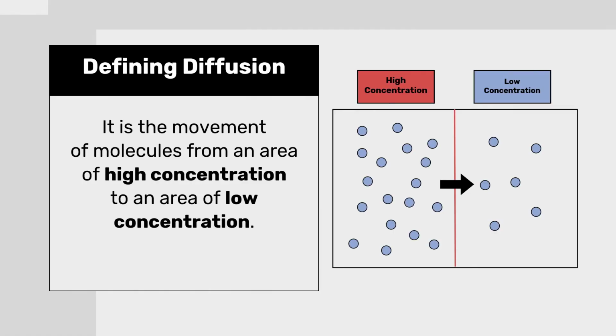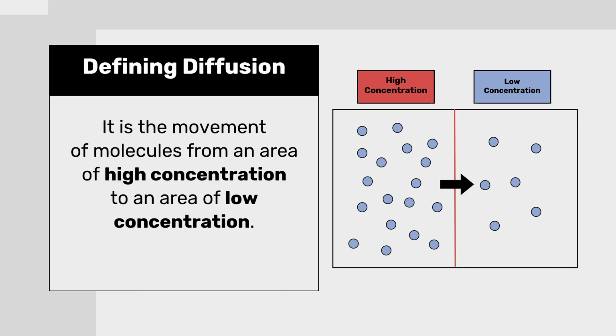That is called diffusion. So diffusion is the net movement of particles from the area of high concentration to the area of lower concentration. Don't worry if that sounds complicated, just remember that diffusion means moving from high concentration towards lower concentration.